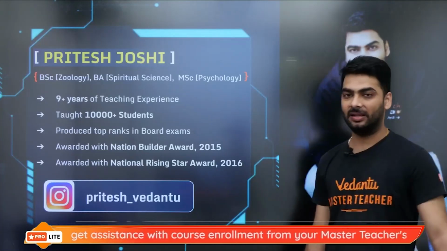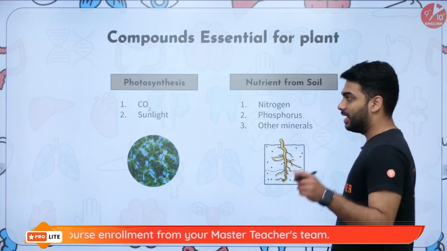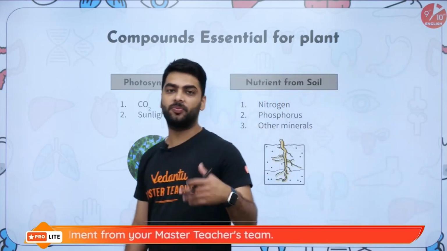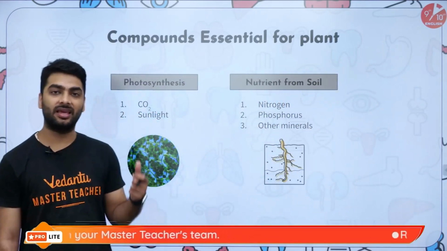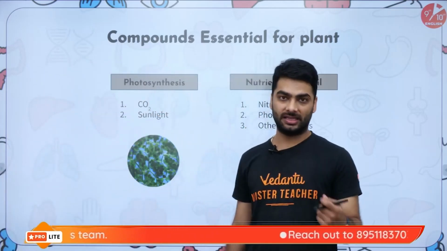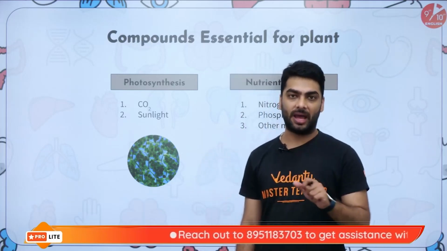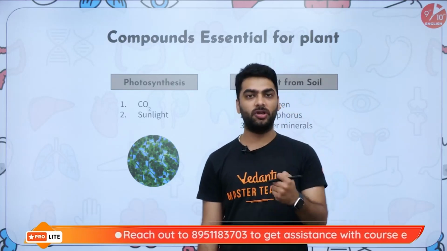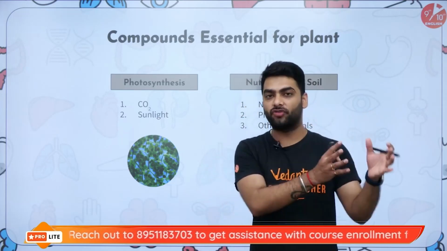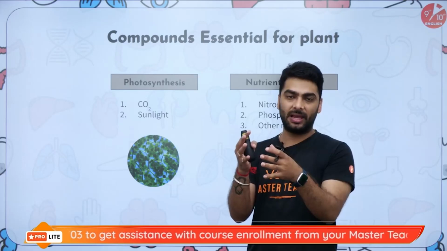Now, to begin with transportation in plants, there are two very important processes that we'll be discussing in plants. One of them is the process of photosynthesis, where plants take in carbon dioxide from the stomata, they take in water from the roots, the water travels from the roots to the leaves where photosynthesis is taking place.